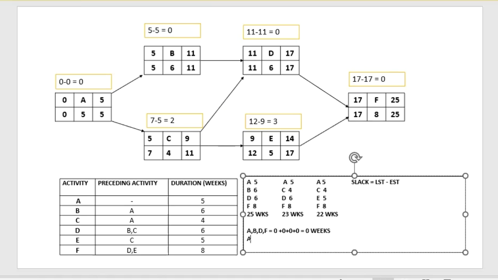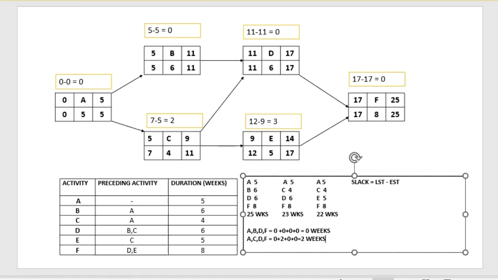Let's look at A, C, D, F, right? That's 0 plus 2 plus 0 plus 0, that's equal to 2 weeks.